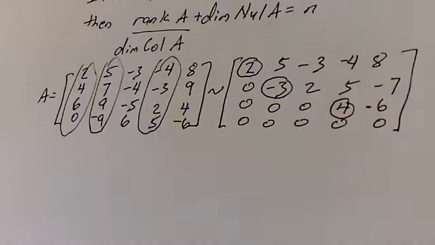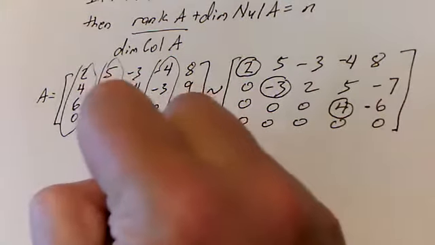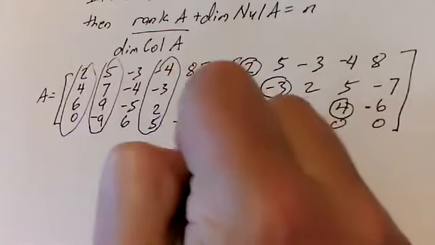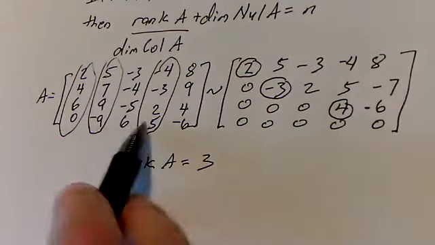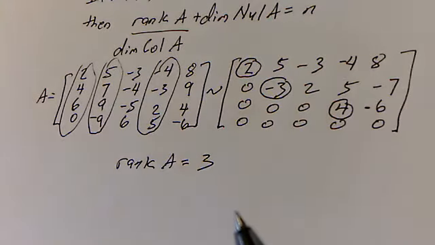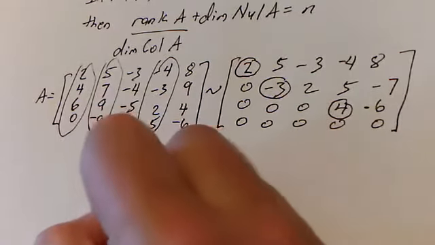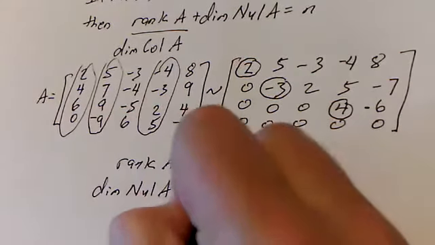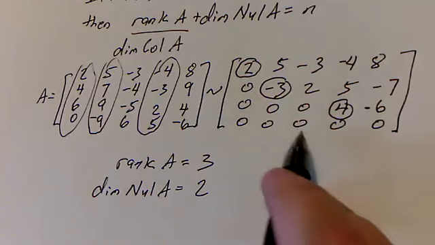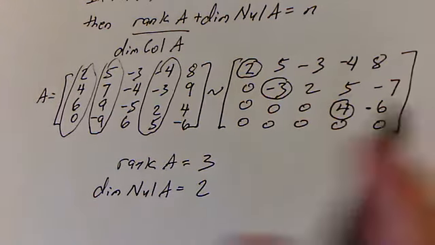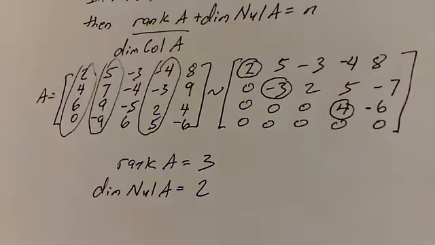But I know from my rank theorem that the rank of A is 3, because the column space is going to have 3 vectors in its basis. From the rank theorem, then, I know that the dimension of the null space must be 2. And notice that is also equal to the number of free variables I would have in the homogeneous system. So we have all those tools at our disposal.